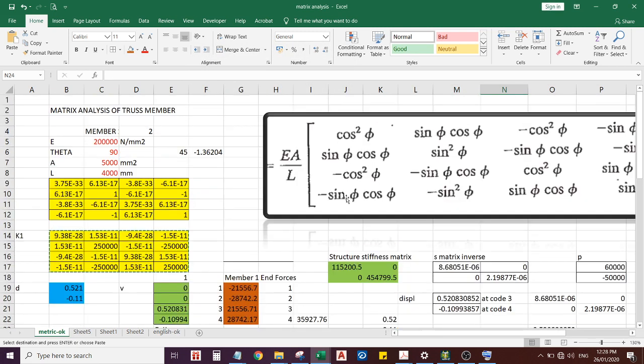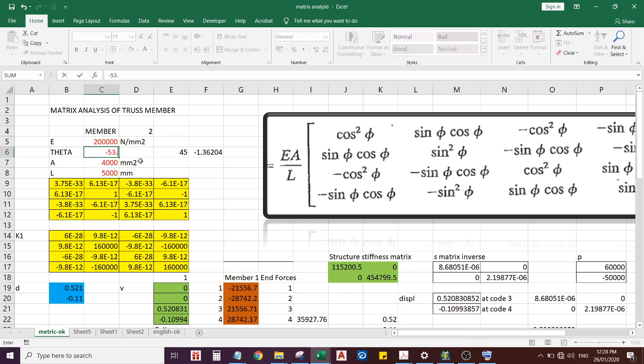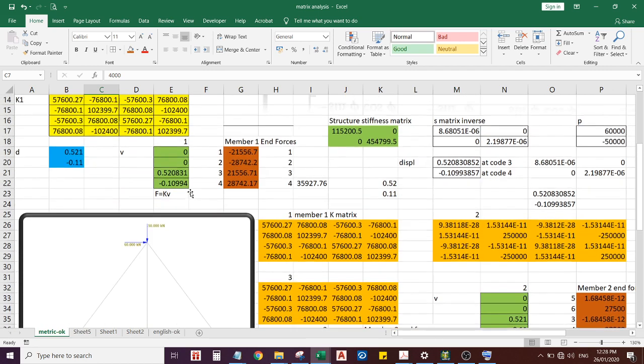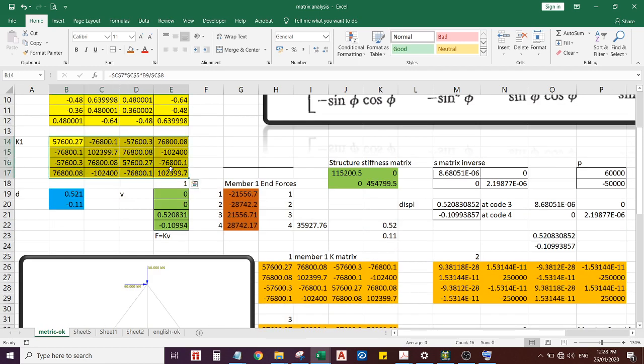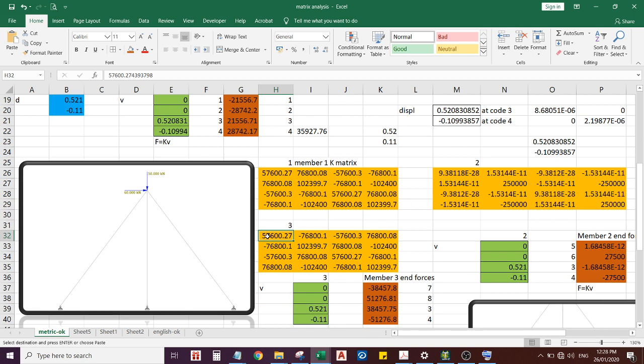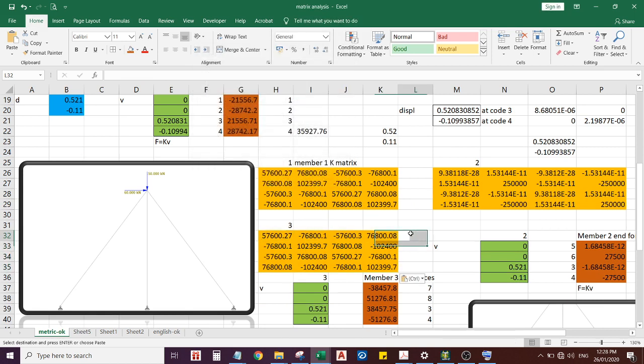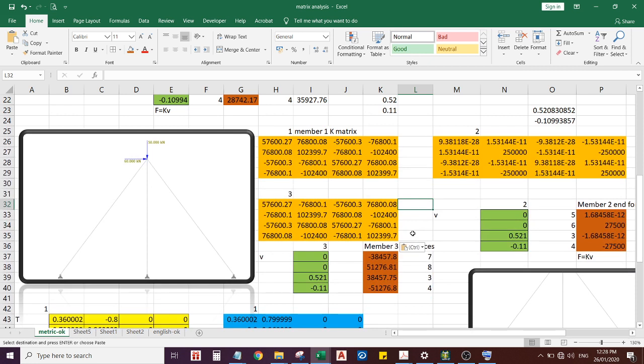And then lastly, for member 3, length is 5,000, area is 4,000, theta is negative 53.13. Alright, so Control C, then paste values.